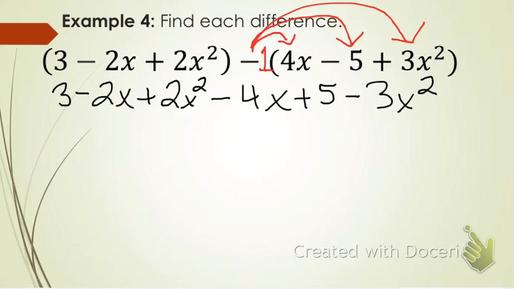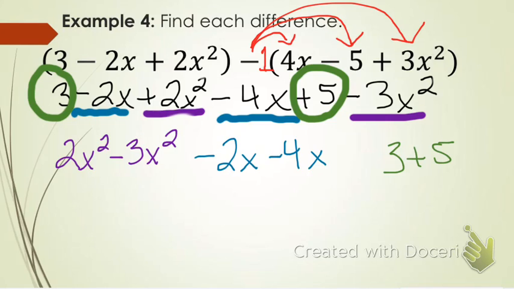Once you have distributed that negative or multiplied that by a -1, whichever you prefer, the next thing you want to do is look at your problem and look for the highest power. In this case, our highest power is the 2, the power of 2. So I will be combining those two terms because they have the same type of term.